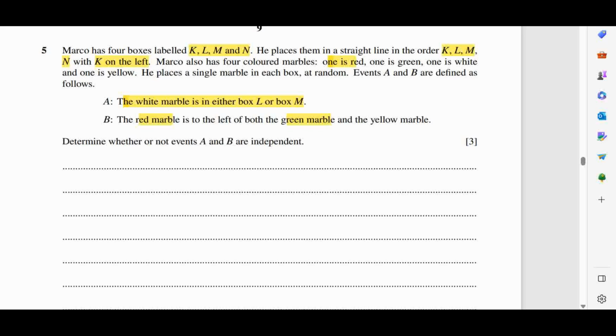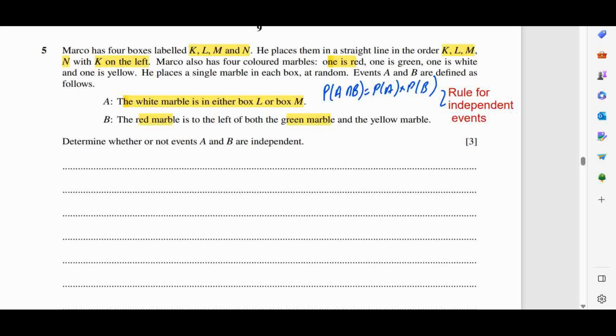The very first thing is, for independent events, we know that the probability of A intersection B must be equal to the probability of A multiplied by the probability of B. So this is the rule for independent events.